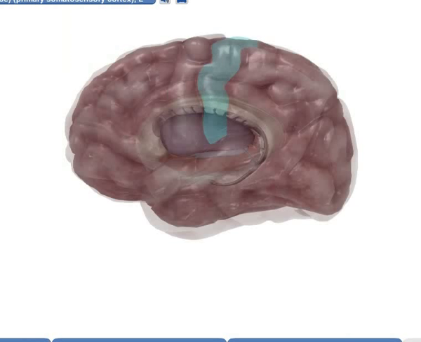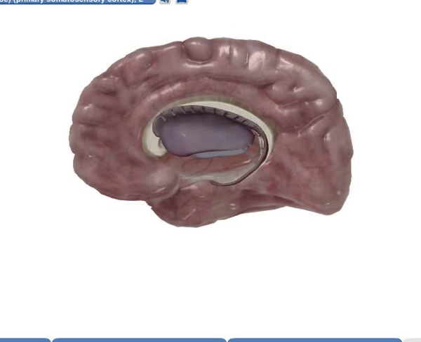Let's get rid of some of these external structures. Again, this is the postcentral gyrus, the precentral gyrus, primary motor, primary somatosensory, and let's get rid of that. And we'll get rid of this here, being the cingulate gyrus.